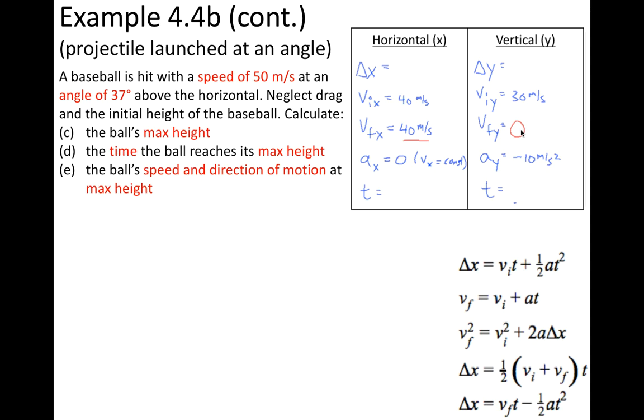And I need to find an equation that solves for delta y, because delta y is going to be the max height. The change in the ball's y position will give us the max height. So the equation that has enough given information to fill in and solve for delta y is this one right here.